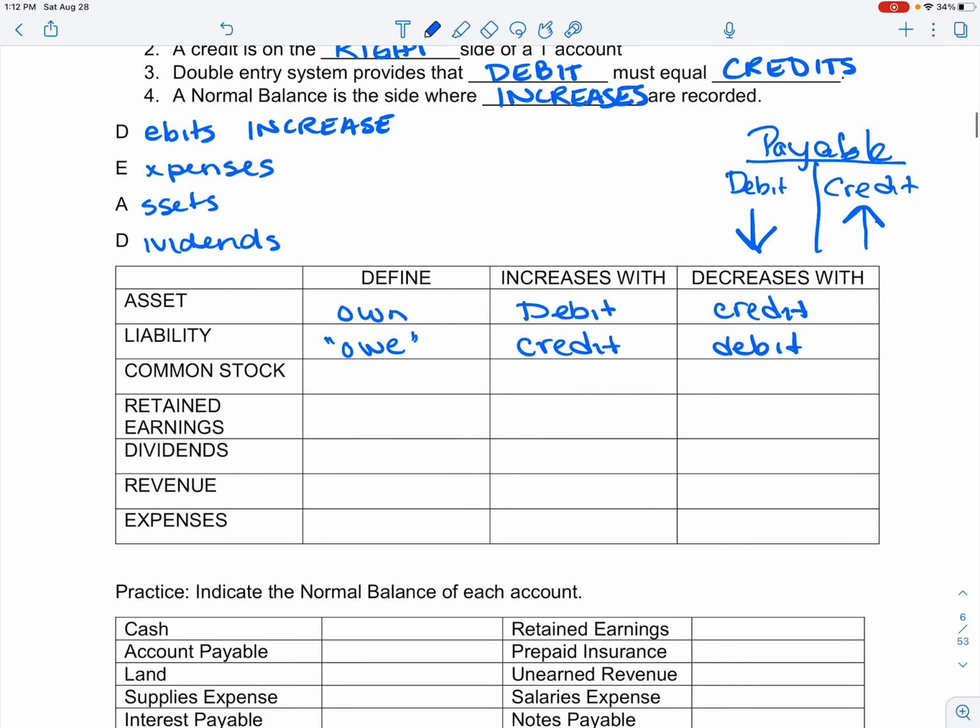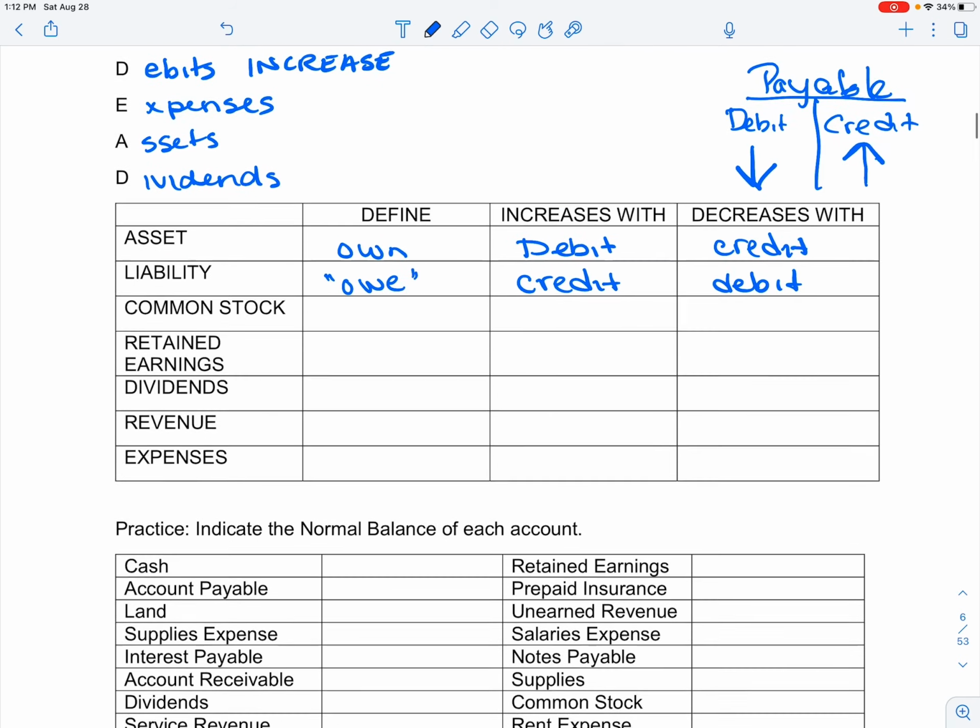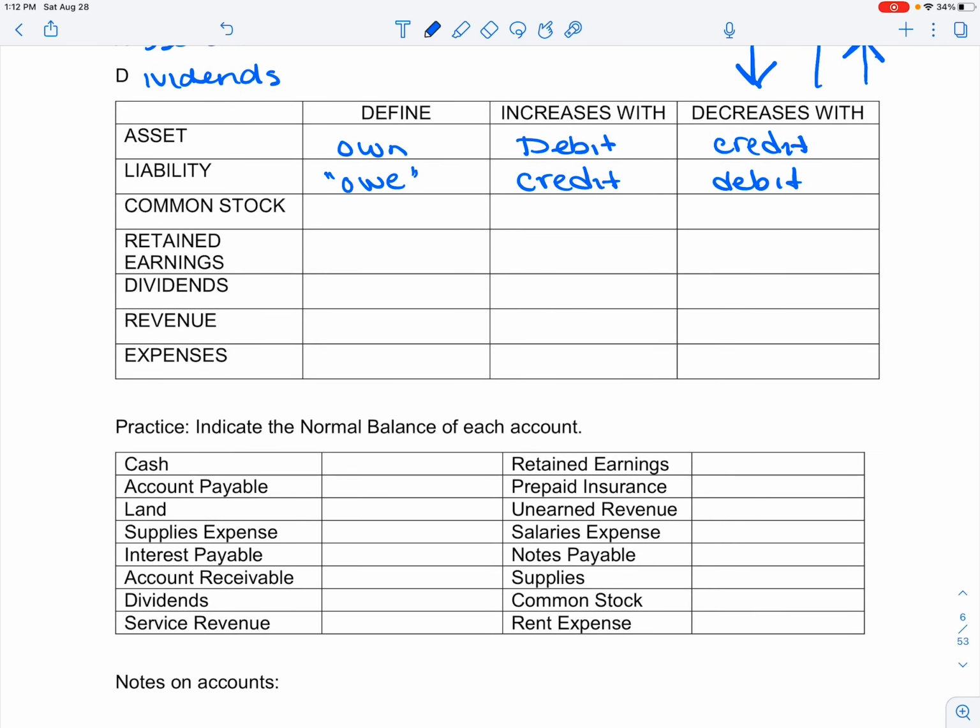So you go ahead and fill in the rest of this chart. If you have questions on it, send me a quick email. Let me know. We'll make sure you get it right. Now remember, anything that has a normal balance will increase that account.